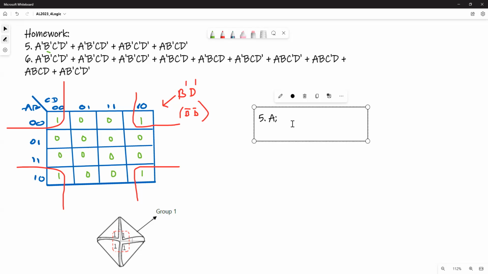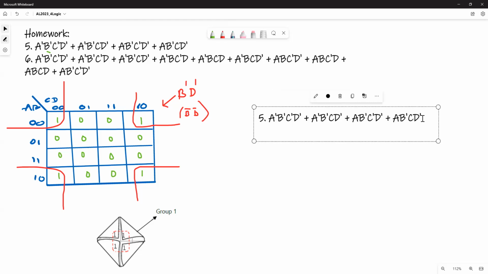The question is A dash, B dash, C dash, D dash plus A dash, B dash, C, D dash plus A, B dash, C dash, D dash plus A, B dash, C, D dash, right? Okay. Now I want you to tell me how to simplify this using Boolean logic.